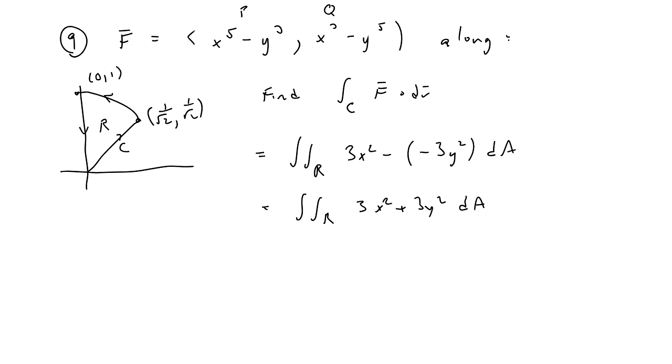So you can see, again, they made it so this is nice, since it's x squared plus y squared inside the integral, that's going to become nice. And our region is an arc of the circle. So 3x squared plus 3y squared will become 3r squared. We'll get the usual extra r.